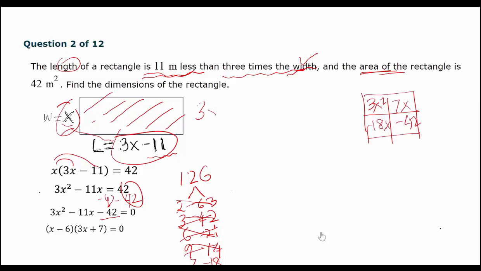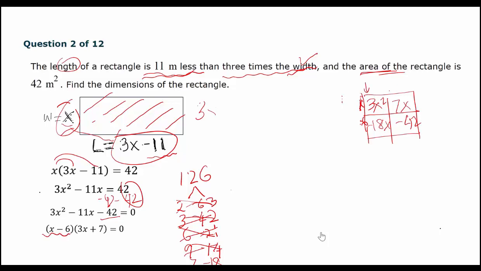Now, if we do factoring this way, 3x squared minus 7x, then an x comes out from that. And then negative 18x minus 42, we can bring out a negative 6 from here. So x minus 6, one of the answers.